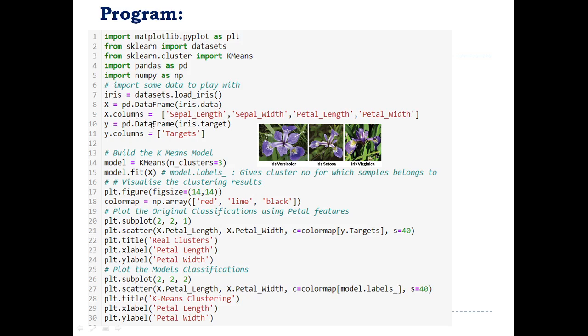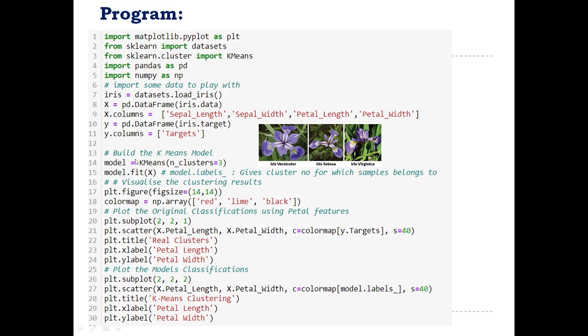Next we take the target values for the iris from the iris dataset into a variable called y. The target value is nothing but the class to which the instance belongs, for the classification.